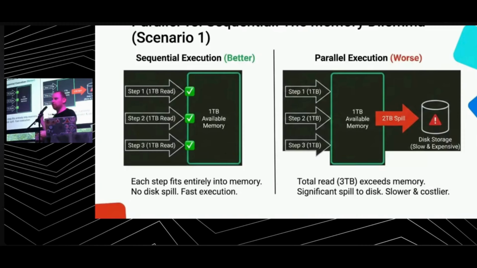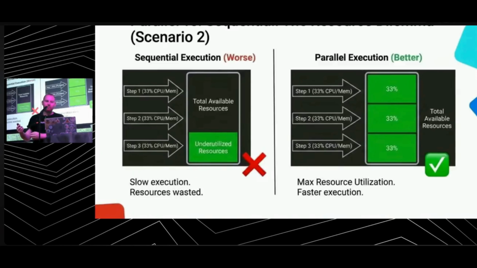So that's a misunderstanding. It makes sense in Airflow that if you parallelize stuff, it will run faster, but it actually runs much slower if you try to parallelize them. The other scenario that could improve performance, but is a bit risky, is if you have a job that, for some reason, I'll touch on in a second, is not using all the resources.